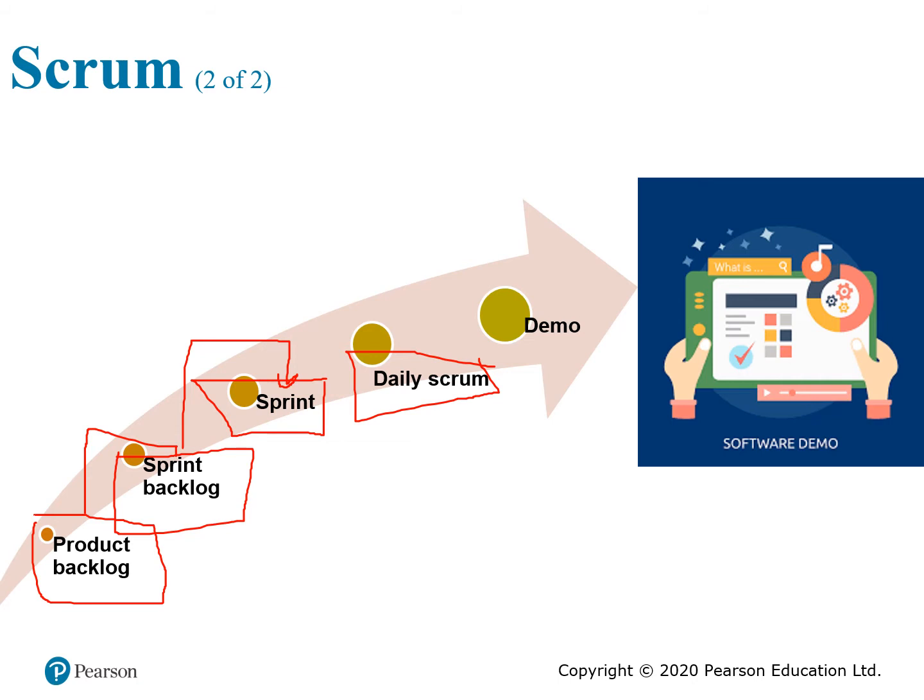The team communicates, and the Scrum Master attends and reminds them about the values of developing the system. And lastly is the software demo, which is working software that can be demonstrated to the users.